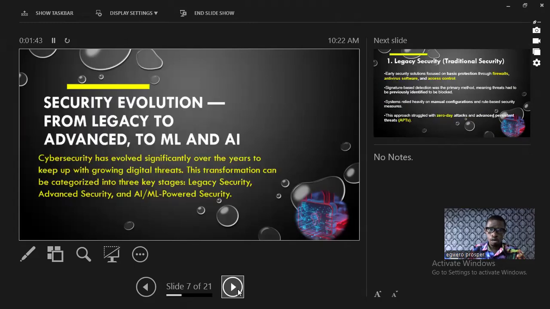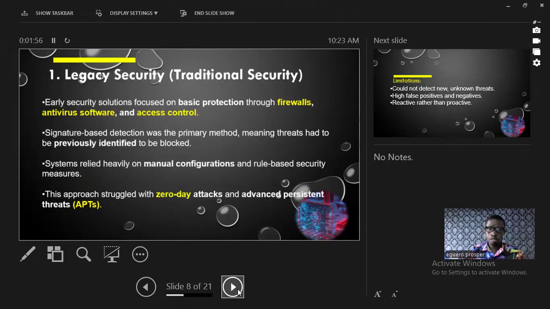All right. So I just want to take us to where we got that topic from. I know we have discussed security evolutions, right? Are we still here? I think we have concluded this aspect, where I told us that the journey of cybersecurity started all the way from the legacy era, right, which is known as the traditional era.